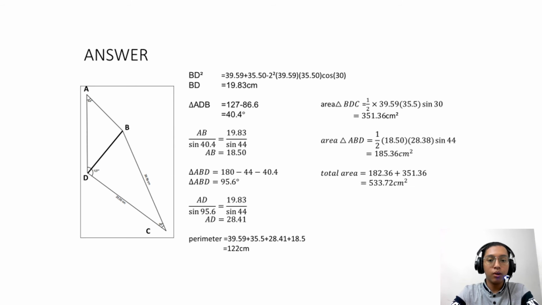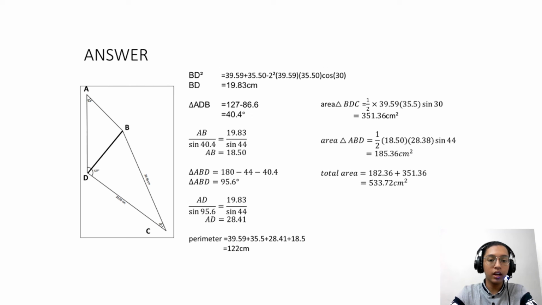Firstly, we must search for the BD length, where we can use the cosine law to get the length, where BD equals 19.83 cm. After that, we must search the ADB angle, where 127 minus 86.6 equals 40.4 degrees.